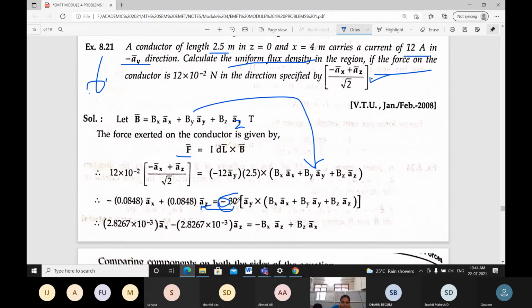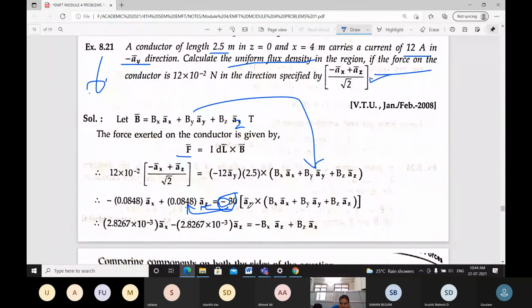Other than that, you can take minus 30 towards the RHS, then divide by both the factors. You'll get 2.8267 into 10 raised to minus 3 AX. Observe here, minus of minus is plus, and plus into minus gives minus, then the same value into AZ you will get out.